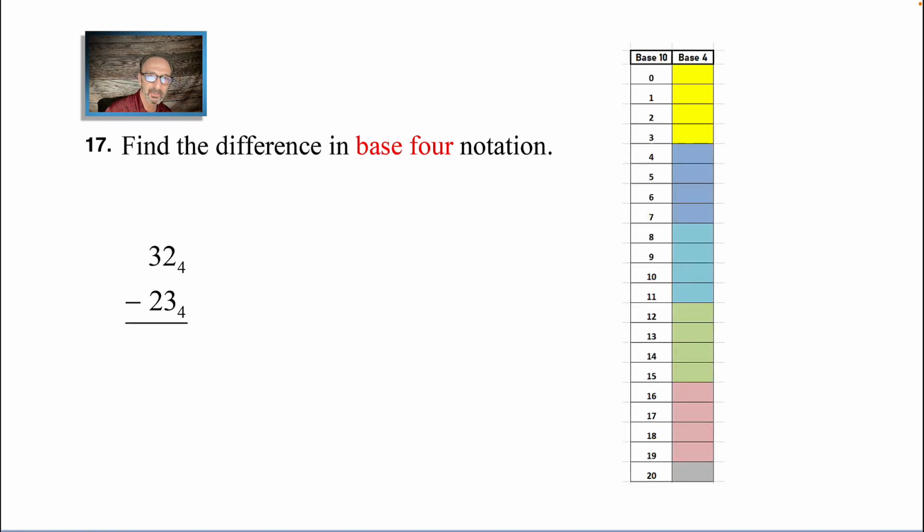In base 10, for example, we know how to count because we're used to it. 0, 1, 2, up to 9. Notice after 9, we say that this place value is filled. That's the maximum that we could have. In base 10, we go from 0 to 9, which is 10 numbers.